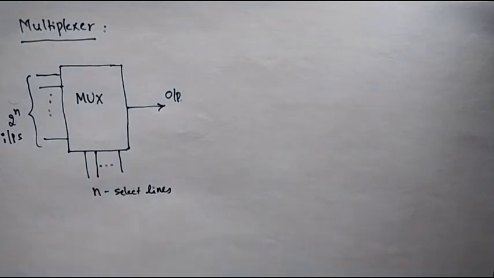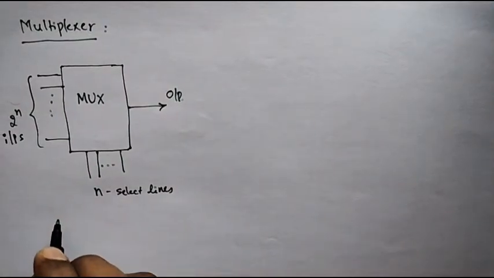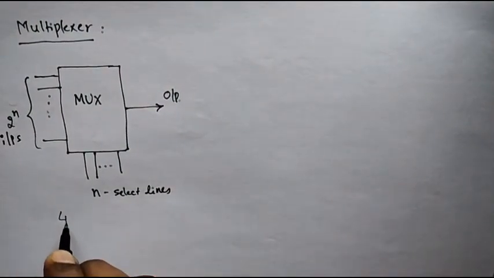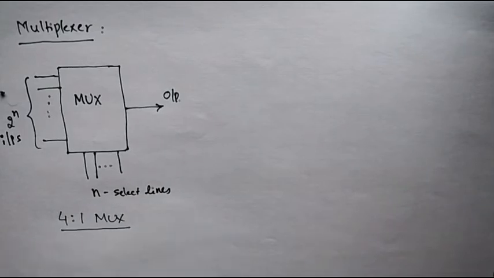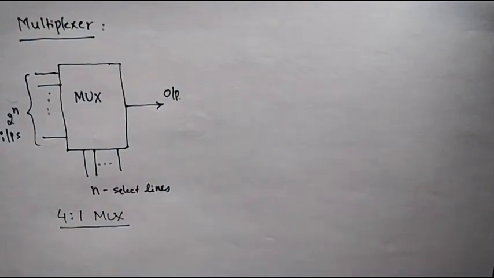Now let us see how to design a 4:1 multiplexer. A 4:1 multiplexer has 4 inputs, 1 output, and it has 2 select lines.